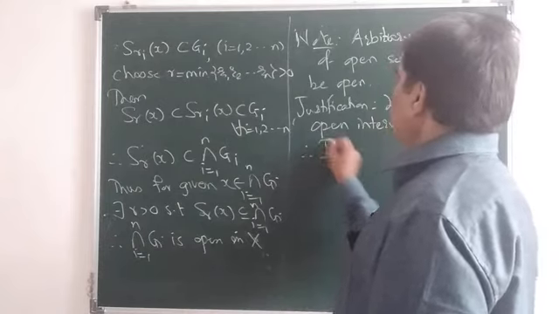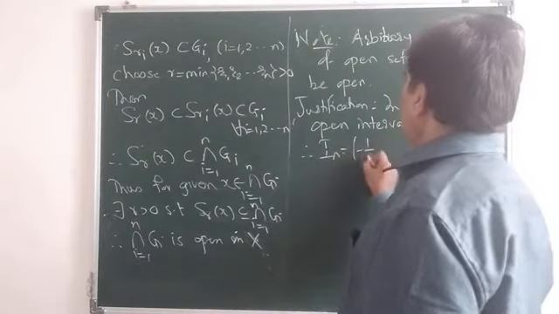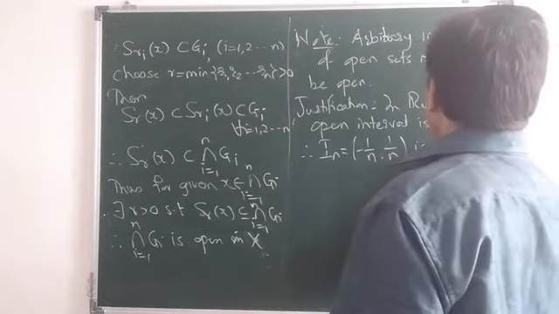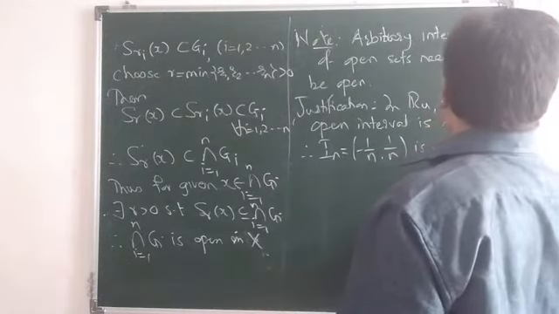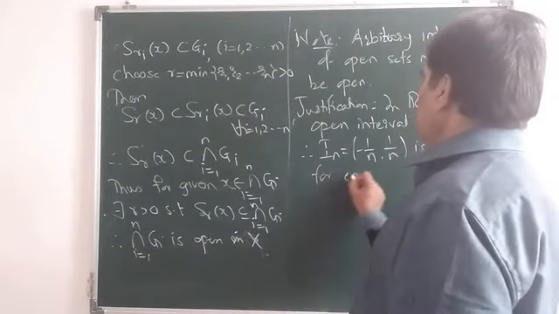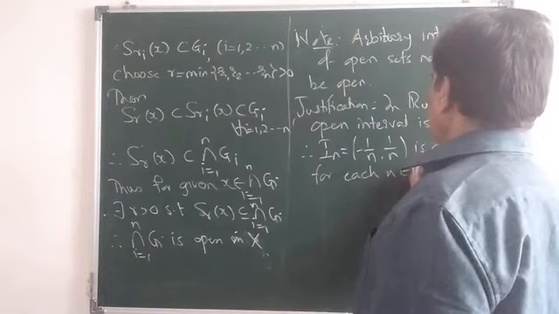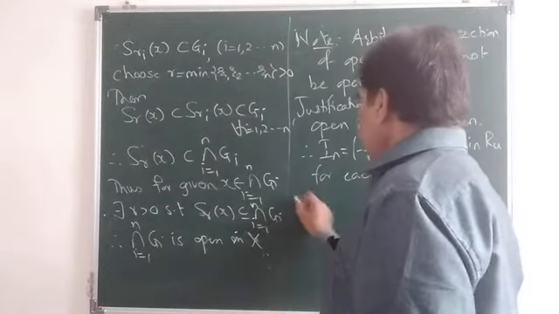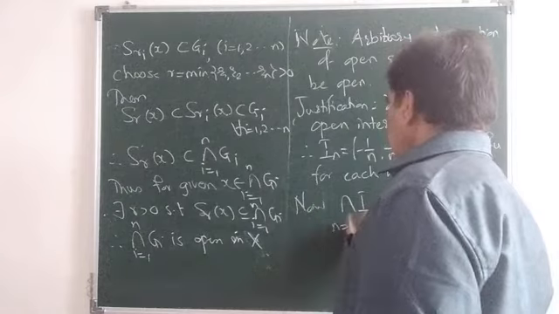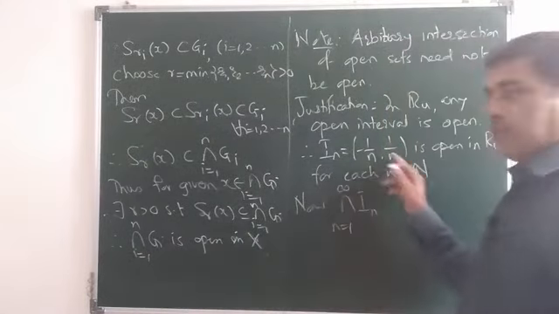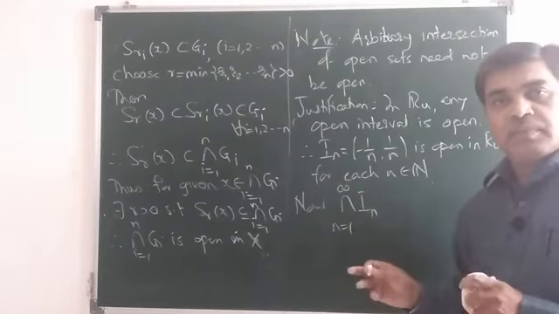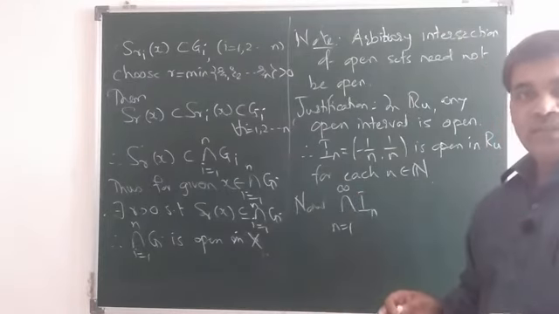Therefore, In equal to the interval from minus 1 by n to 1 by n is open in R usual for each n belonging to N. Now consider the intersection over n equal to 1 to infinity. What is I1? The open interval minus 1 to 1; I2 is minus half to half; then minus 1 by 3 to 1 by 3.